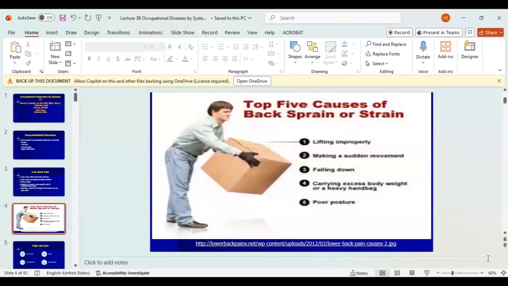So never rule out age. One source tells us that these are the top 5 causes of back strain or sprain: lifting improperly, making a sudden movement, falling down, carrying excess body weight or a heavy handbag.